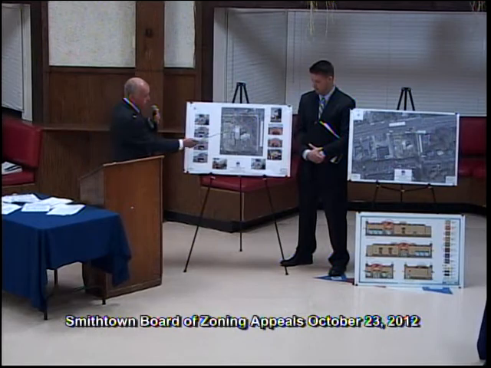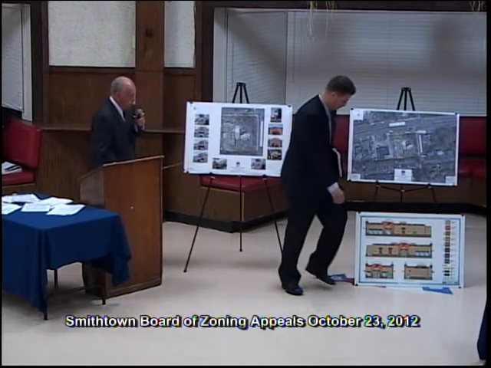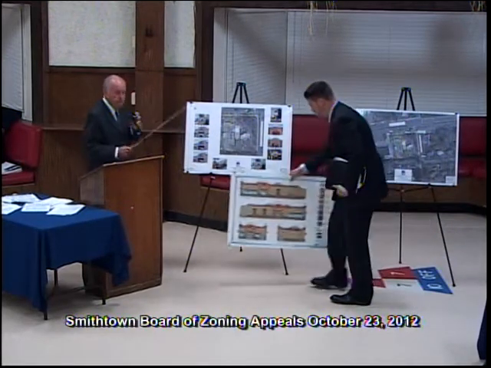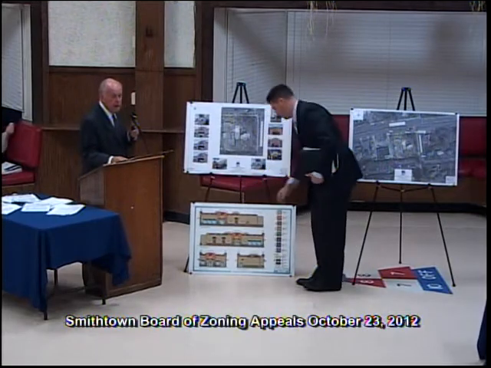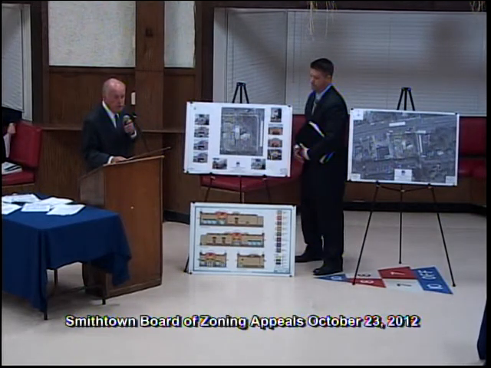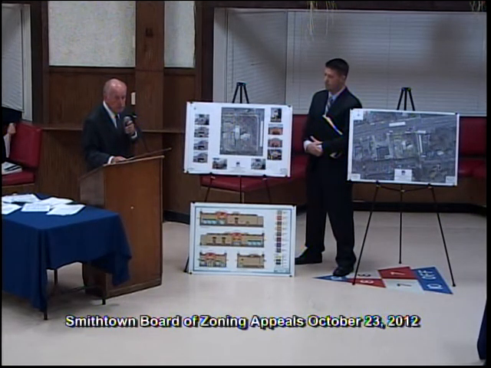So we have, this is the old, this is the new, and they then compare in their recommendation for denial a Checkers, which is a wholly different operation. I represent Checkers. They're smaller.